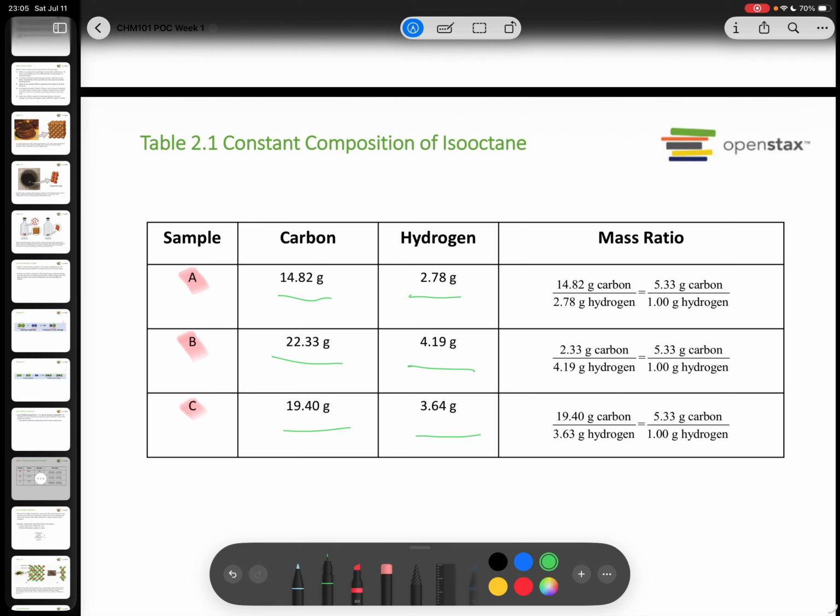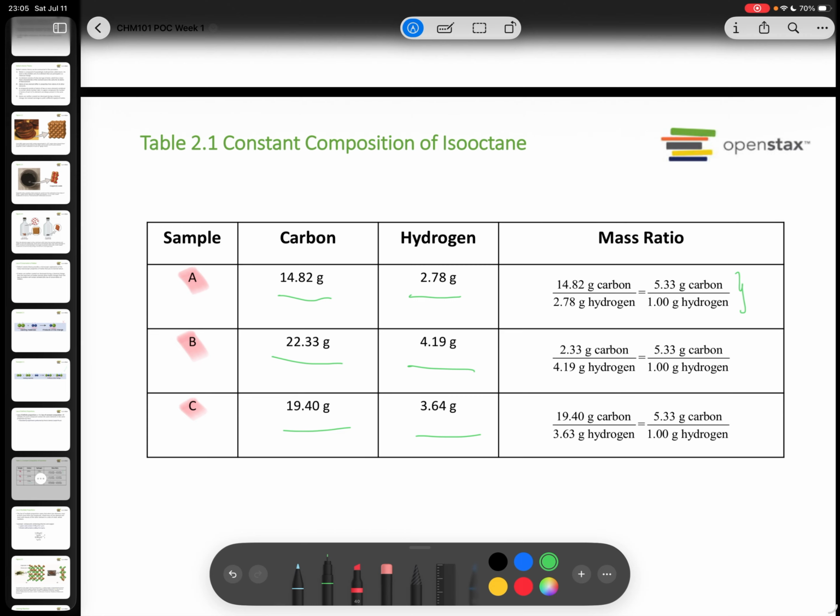14.82 grams of carbon divided by 2.78 grams of hydrogen gives ilan kaya? 5.33. So, lumalabas, meron siyang 5.33 grams of carbon per 1 gram of hydrogen.